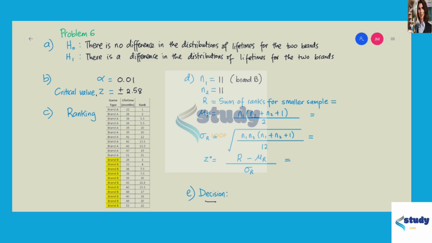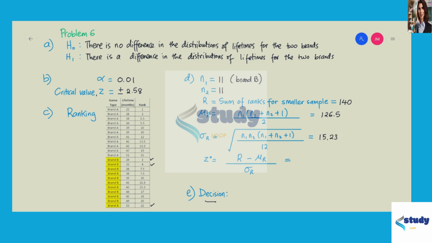So the sum of ranks for brand B is given by 140 when we add up the values 3, 4, all the way to 22. Then mu R obtained from this formula is 126.5. Sigma R obtained from the substitution is 15.23.